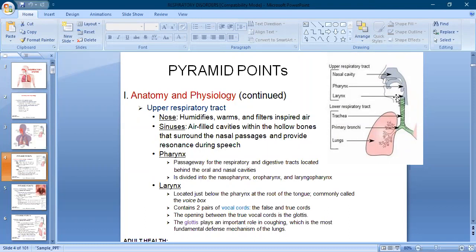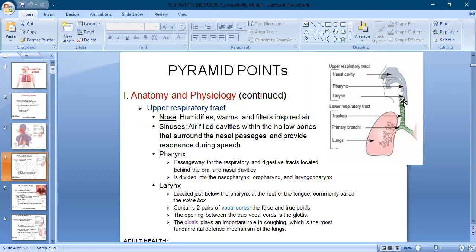The portion of the pharynx just behind the sinus or nose is called the nasopharynx. The pharynx related to the oral cavity, behind the oral cavity, is the oropharynx.